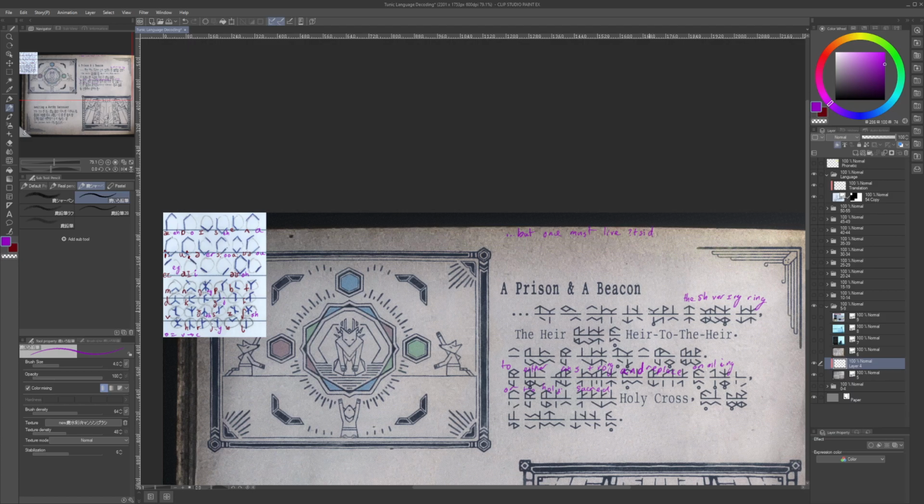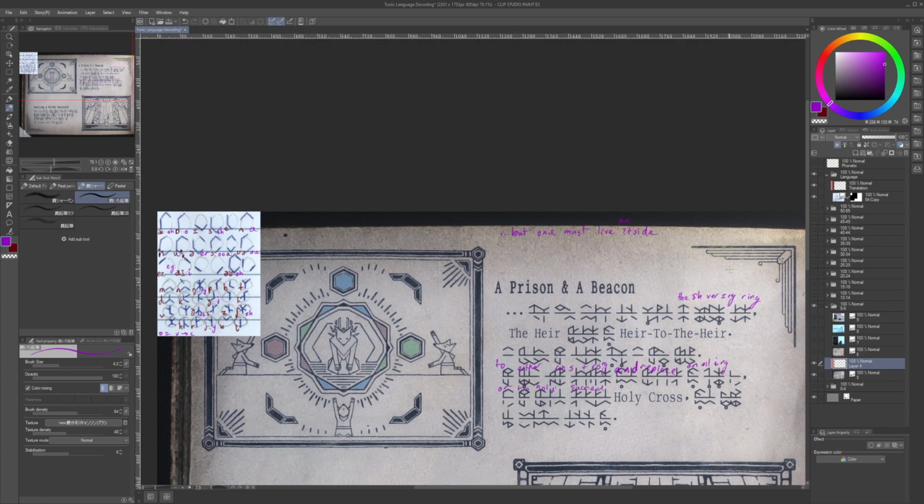Outside? One must live outside the shivering ring. One must live outside the shivering... What the heck is a shivering ring? I guess this is the shivering ring, but what? It's not as self-descriptive as I thought it would be.